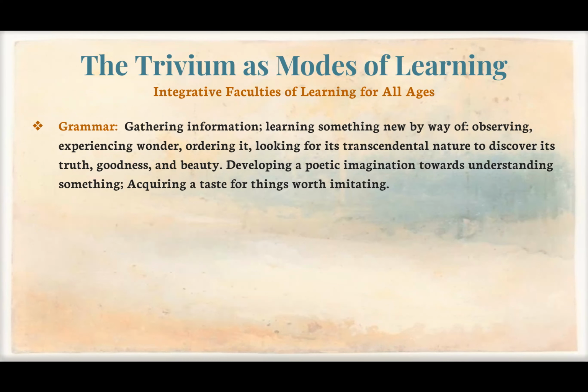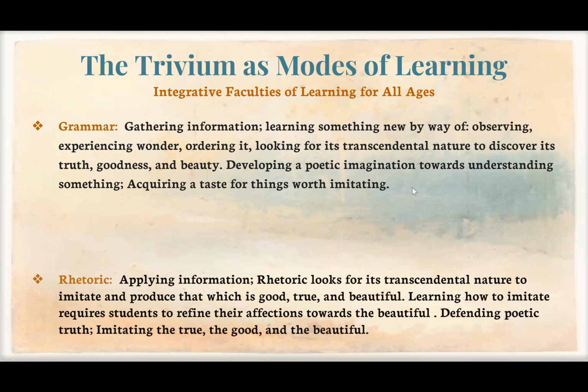And this is important for students at very young ages to begin being exposed to the things that you want them to have a taste for, the things that are really truly beautiful. In the modes of learning, the students are engaging in the art of gathering and sorting in the grammar mode.